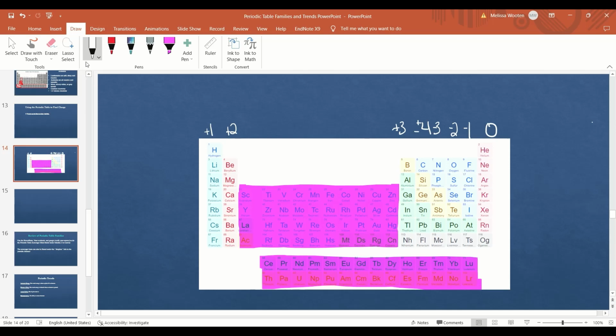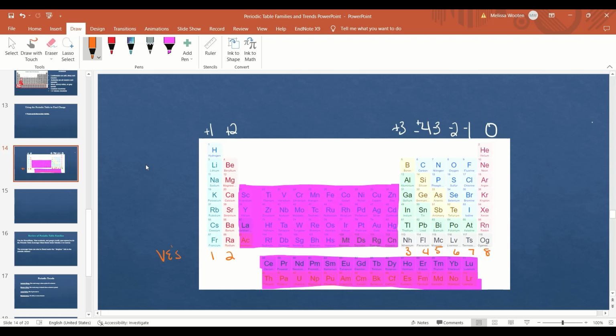Well, remember in the last video I talked about the number of valence electrons. So I'm going to put valence electrons down here. This group has 1, 2, 3, 4, 5, 6, 7, and 8.